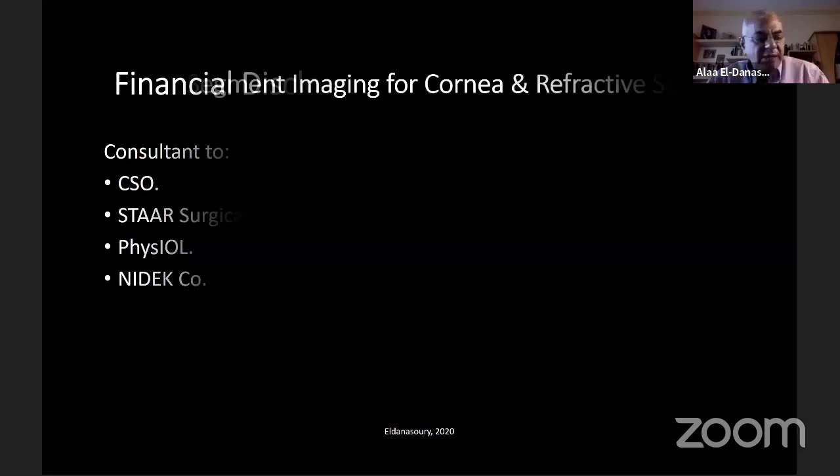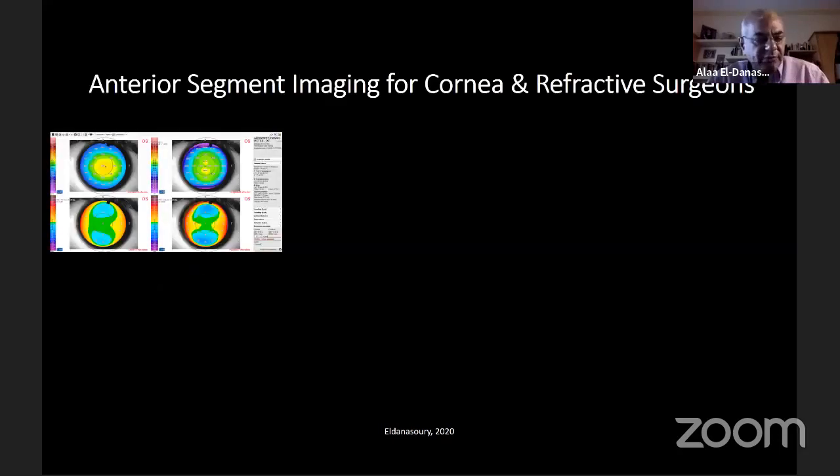Now, as an anterior segment surgeon and refractive surgeon, corneal surgeon, what do you need from your imaging device? Maybe the most important requirement is a device that helps you to select your cases for laser vision correction.